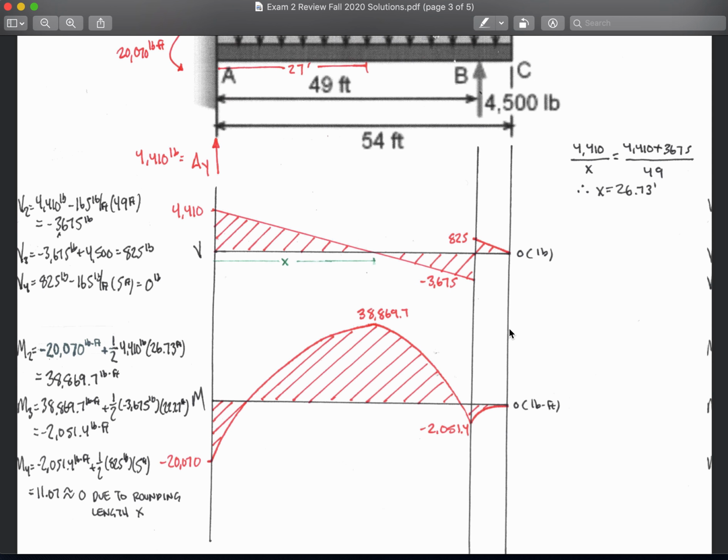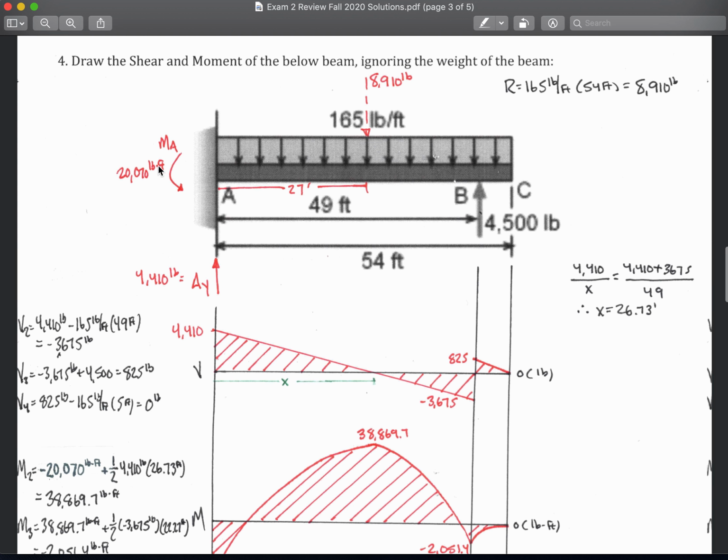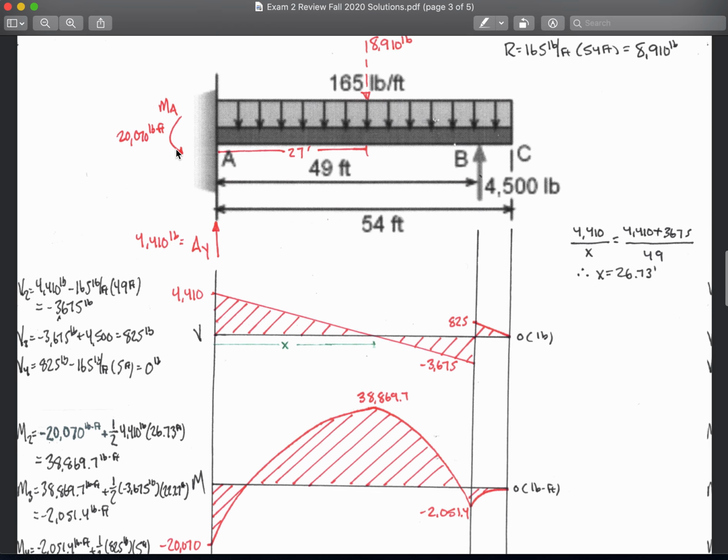Now, for the moment diagram. The first thing we need to do with the moment diagram is it still starts at 0, just like the shear diagram starts here at 0, but then on the line it shifts. M still starts at 0, but there's a shift because there's an applied moment. Applied moments cause shifts in the moment diagram, like applied concentrated loads cause shifts in the shear diagram. So we went over this in class.